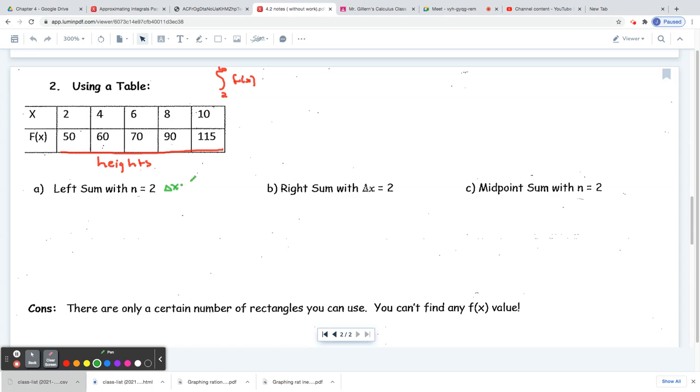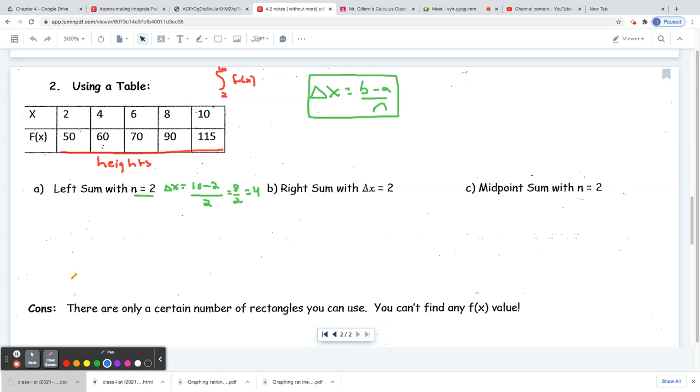Remember, delta x is b minus a over n. So delta x is b, which is 10, minus a, which is 2, where you end minus where you start, divided by how many rectangles you want. In this case, I want 2 rectangles. So 10 minus 2 is 8. 8 over 2 is 4. So delta x is 4.